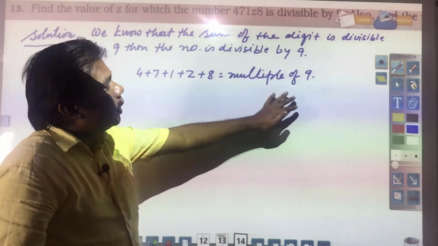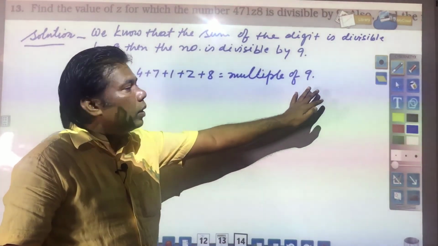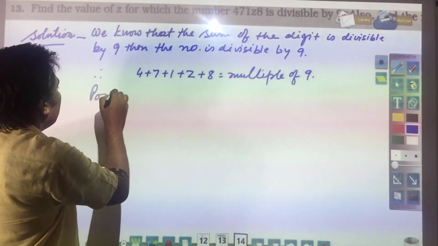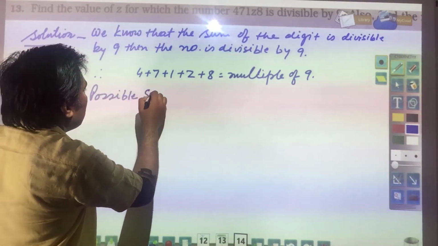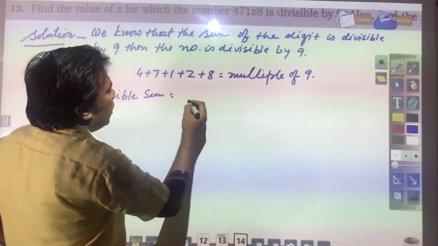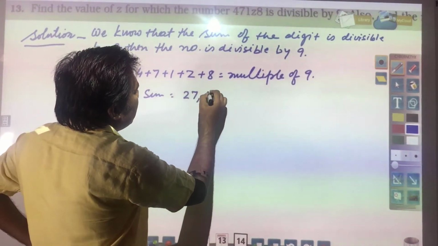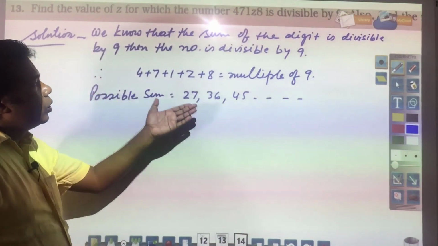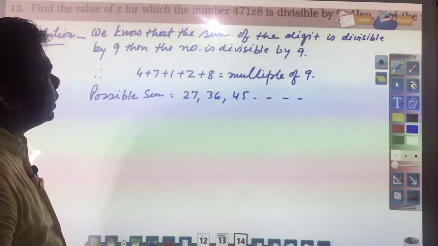So after 20, any number that is divisible by 9. So possible sums will be 27, 36, 45 and so on.